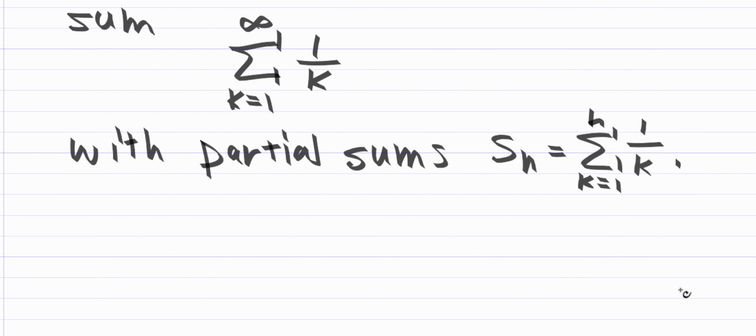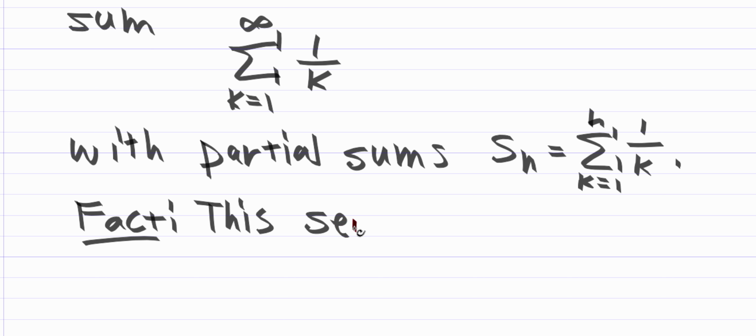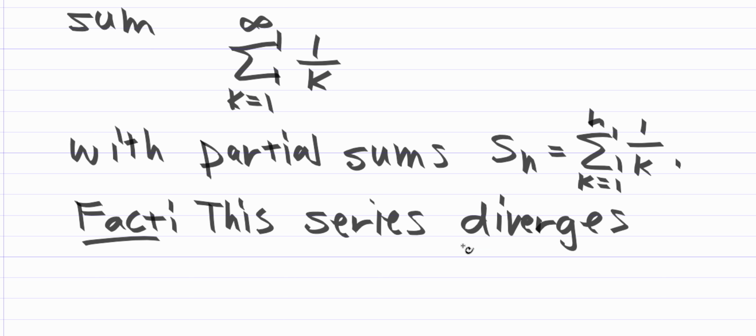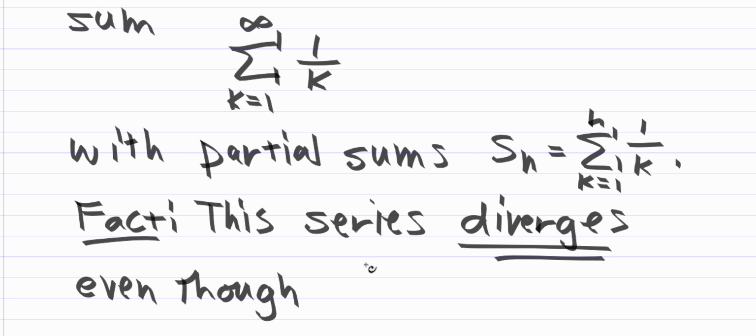So it's a fact, and we're going to try and justify this: this series diverges, even though the limit as k approaches infinity of 1 over k is equal to 0.